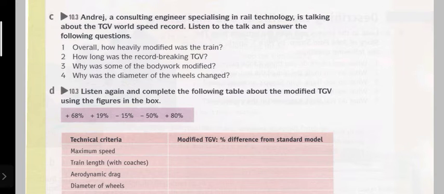Is that part understood? So, why was some of the bodywork modified? To make it slightly more aerodynamic, to be faster. They changed the body to make it more aerodynamic.